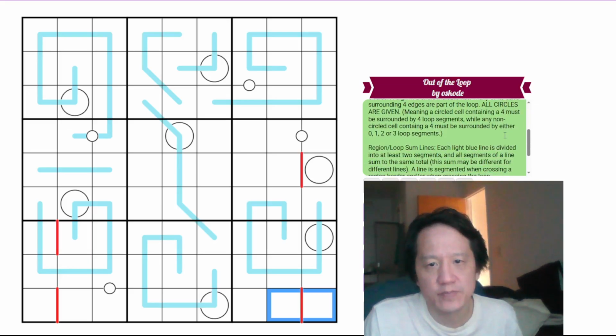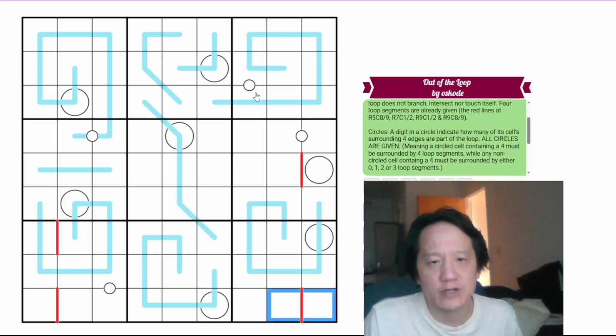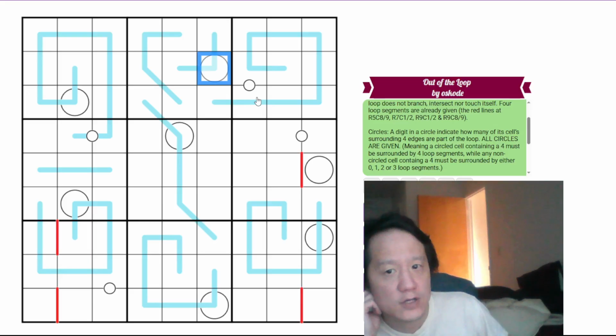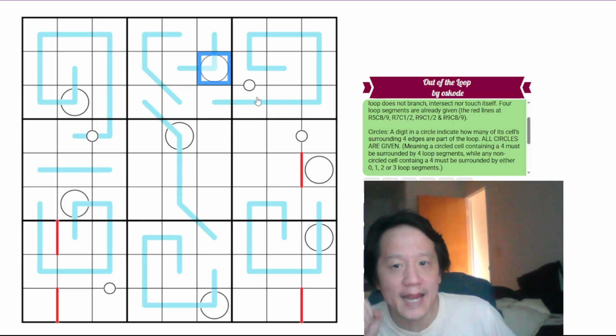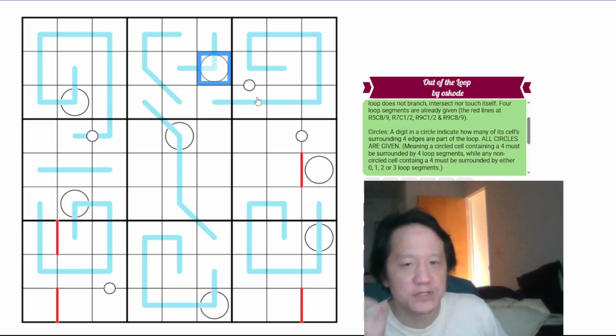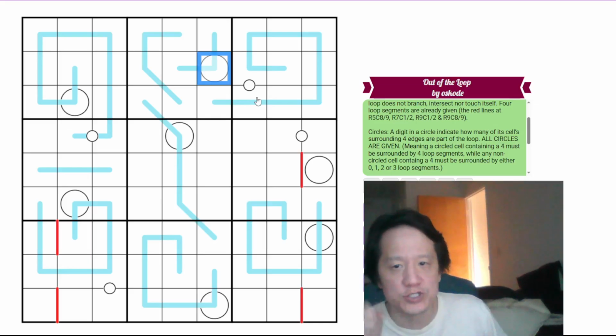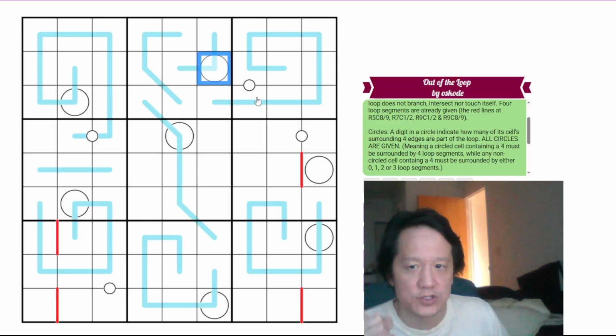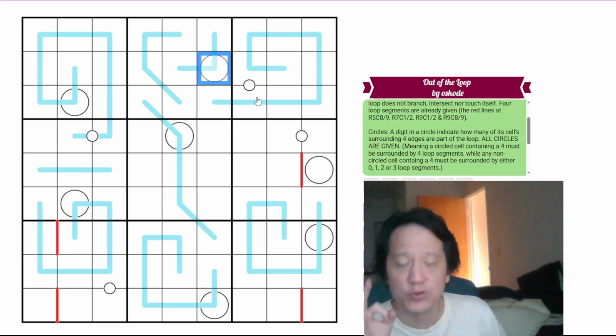We have circles, where a digit in a circle indicates how many of its cell's surrounding 4 edges are part of the loop. All circles are given, meaning a circled cell containing a 4 must be surrounded by 4 loop segments, while any non-circled cell containing a 4 must be surrounded by either 0, 1, 2, or 3 loop segments.